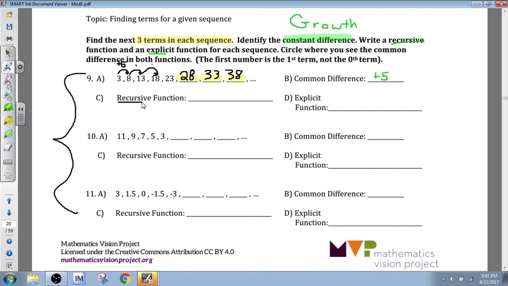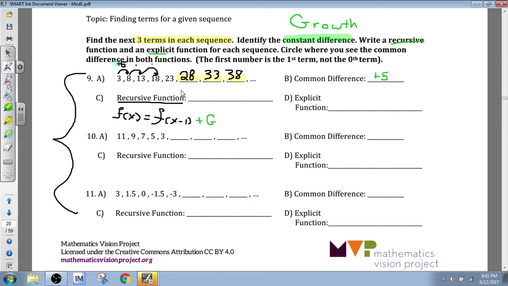And then it wants us to write the recursive function. And remember, our recursive function is where we're referring to the previous term. The general form for a recursive function in an arithmetic sequence, and we know this is arithmetic because we're adding each step, is going to be f of x equals f of x minus 1 plus our growth.